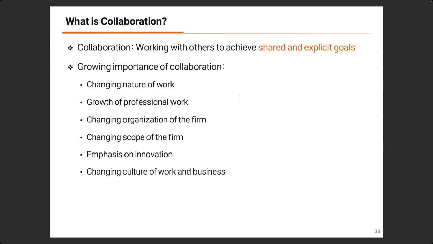And changing scope of the firm. Previously, many companies were located in a single region, but today most big companies occupy multiple locations around the world. So they need close coordination and collaboration in most business processes, because their organization members are distributed in dispersed locations.